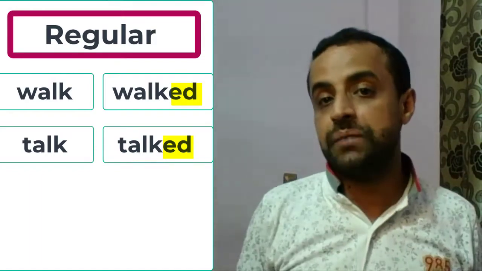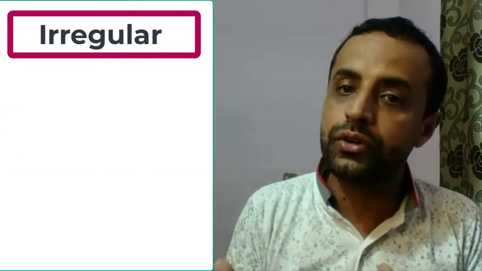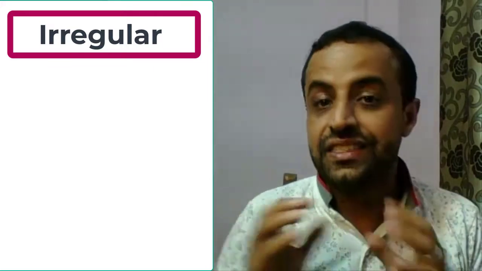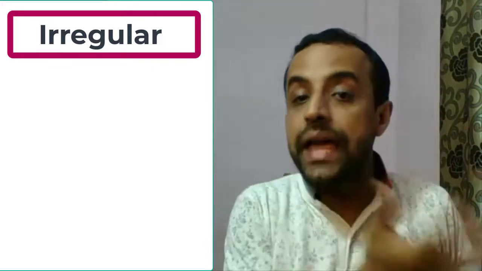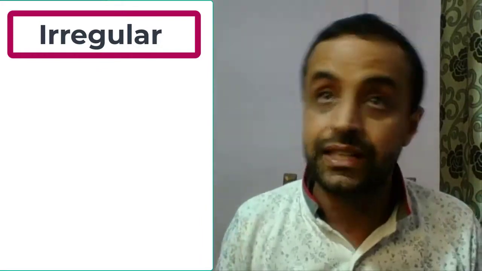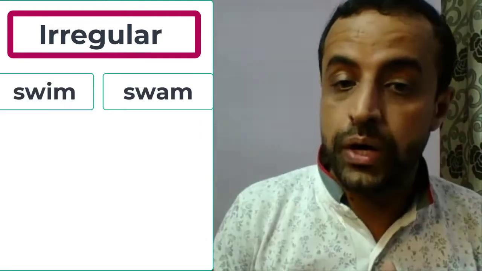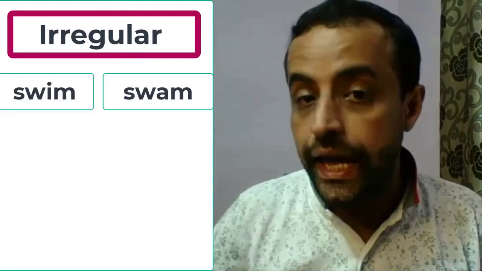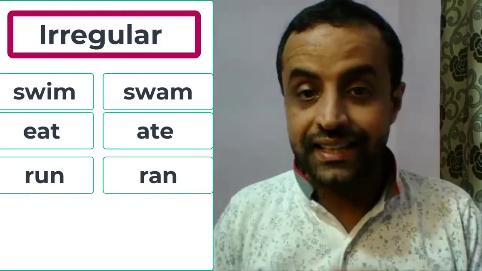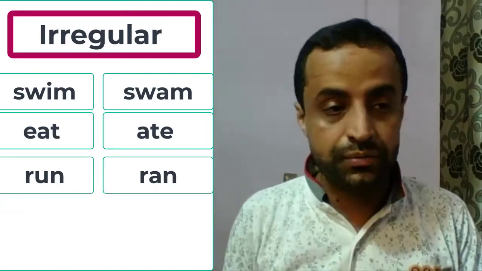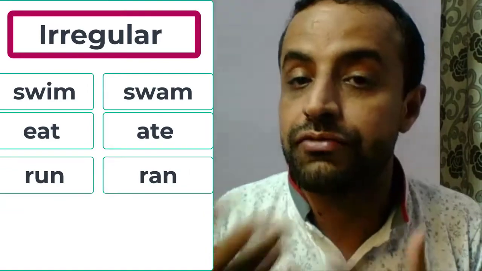It's easy. And there are a handful of verbs, a number of verbs you need to memorize. With these verbs, you do not add an -ed, but the base verb sometimes changes entirely. For example, swim, swam, eat, ate, run, ran, etc. So these verbs are called irregular verbs.